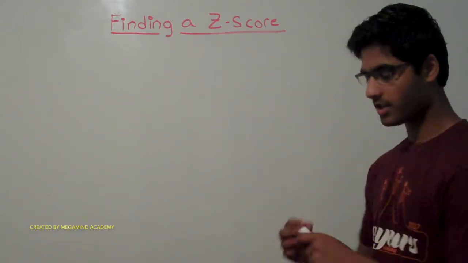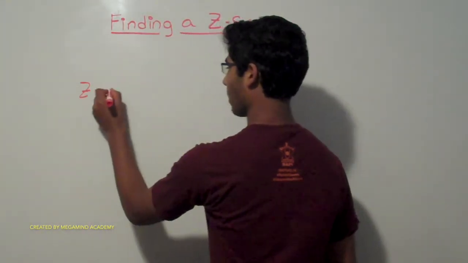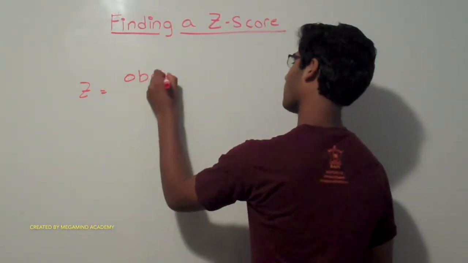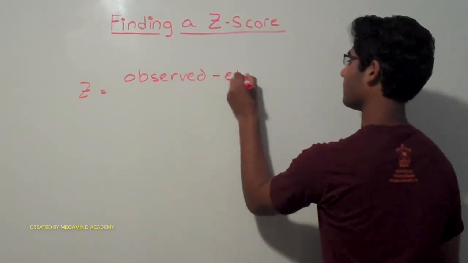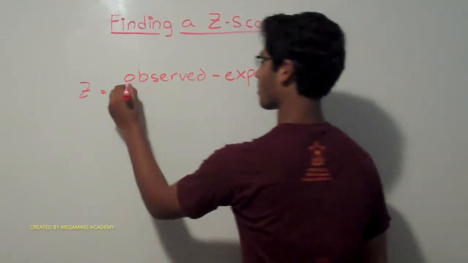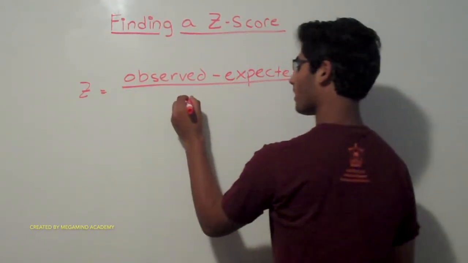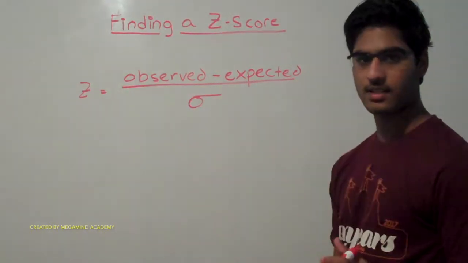So the formula for finding a z-score is z is equal to observed minus expected over the standard deviation. Alright, so what does this tell us?